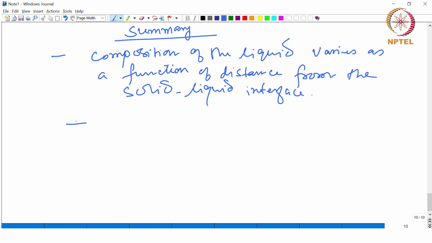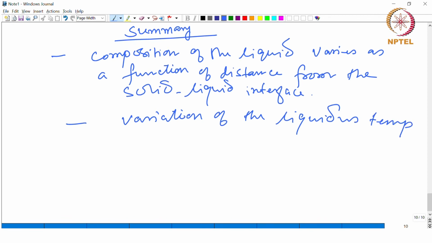And this results in the variation of the liquidus temperature as a function of distance from the interface.